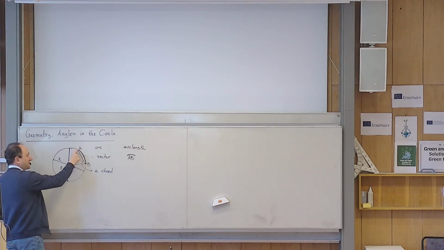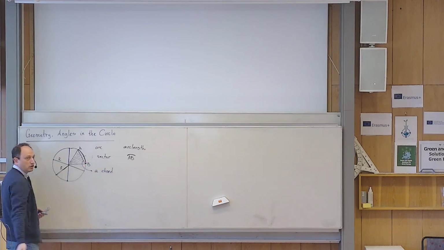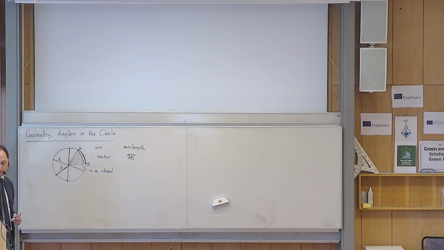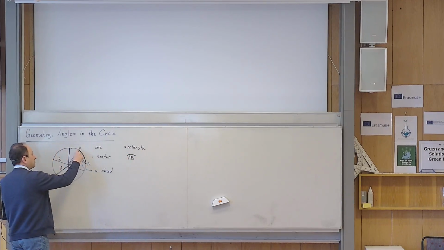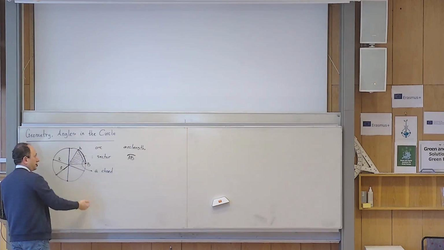The distance that the ant moves on this arc is called the arc length. So if an ant moves from here to here, the distance traveled by that ant is called the arc length.